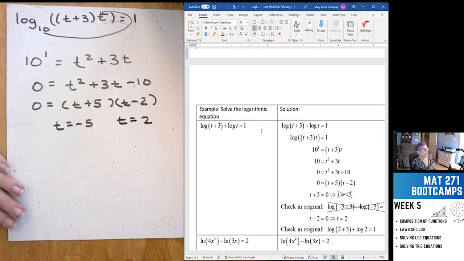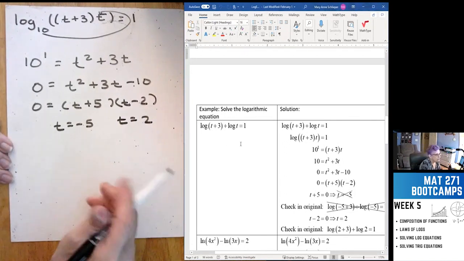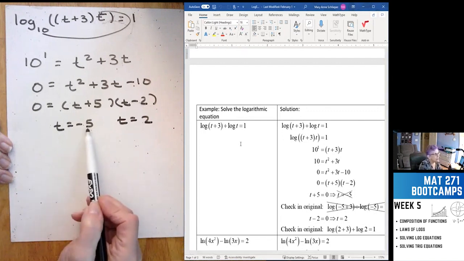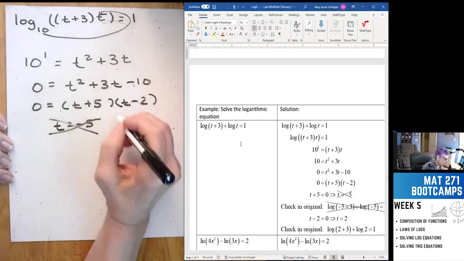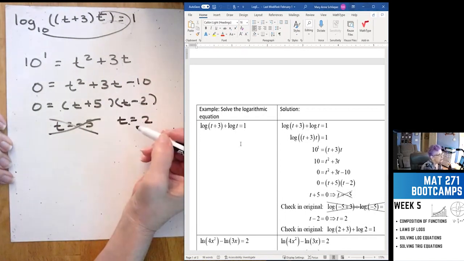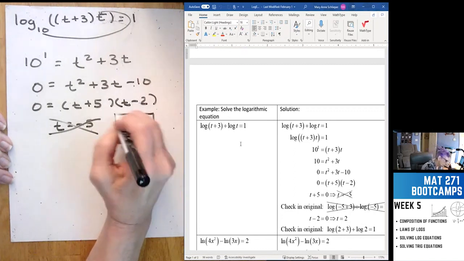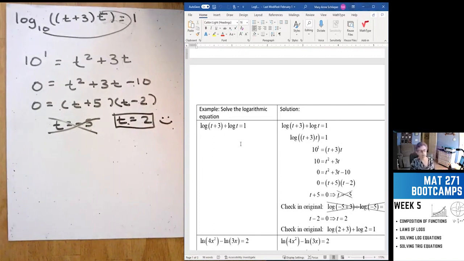And then I have to go way back up to the tippy top. I have to plug it into the log of t plus 3, and I can't even put -5 into that, so bye-bye. 2, yeah, I can do log of 2 plus 3, and I can do log of 2. So one good answer, one bad answer.